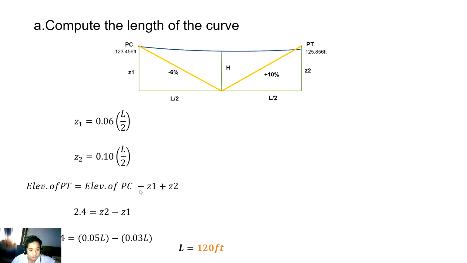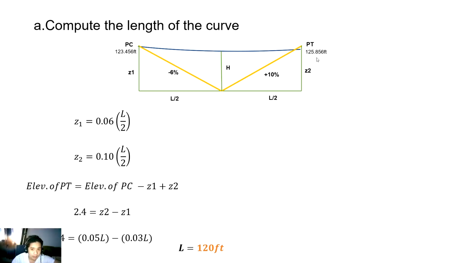So, ngayon, elevation of PC natin, inilipat lang natin siya sa kabilang side, which is katabi ng elevation of PT. So, ang magiging itsura niya dapat ay elevation of PT minus elevation of PC equals negative Z1 plus Z2. So, pwede natin silang pagbaliktarin, magiging Z2 minus Z1.